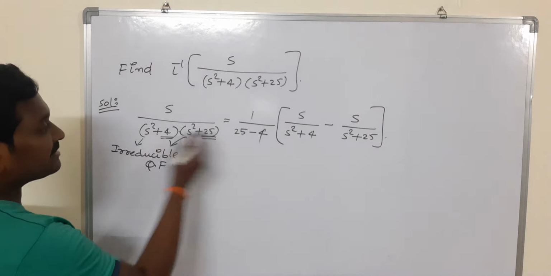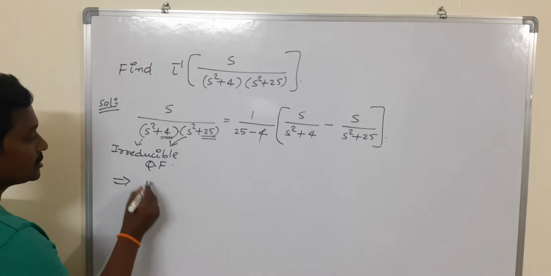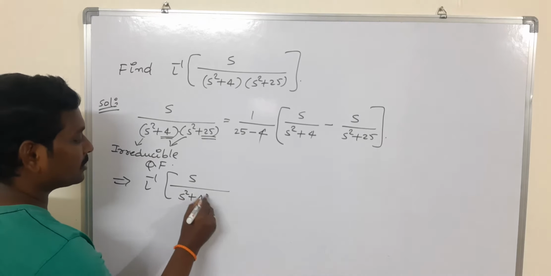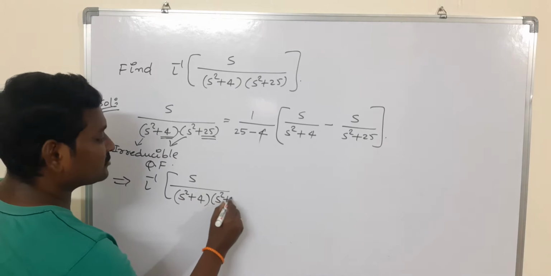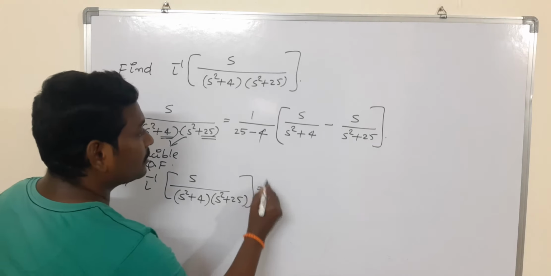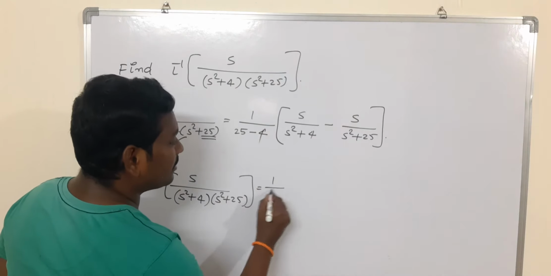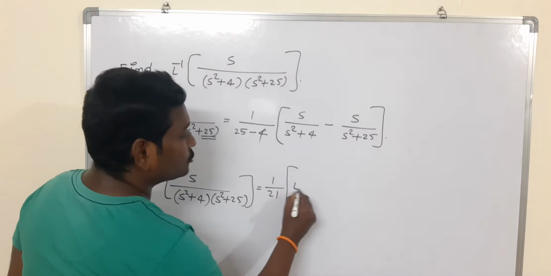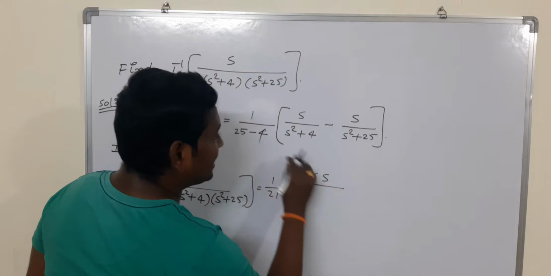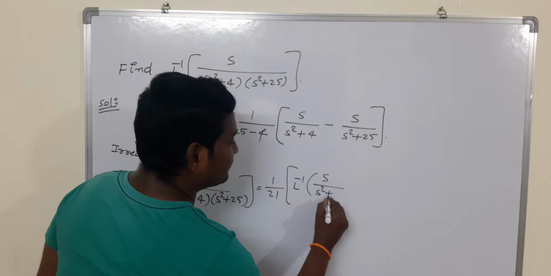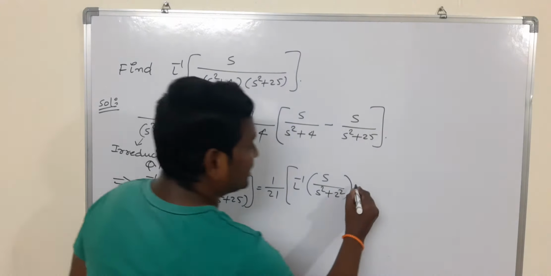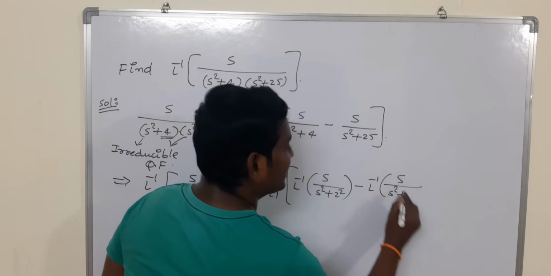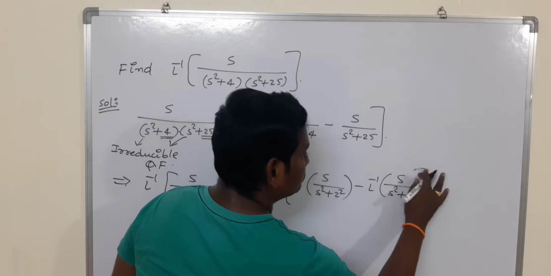Now take inverse Laplace transform on both sides. So L inverse of s by (s square plus 4) into (s square plus 25) is equal to 1 by 21, where 21 is the constant term. Take L inverse inside, so you will get L inverse of s by (s square plus 4), where 4 can be written as 2 square, minus L inverse of s by (s square plus 25), where 25 can be written as 5 square.